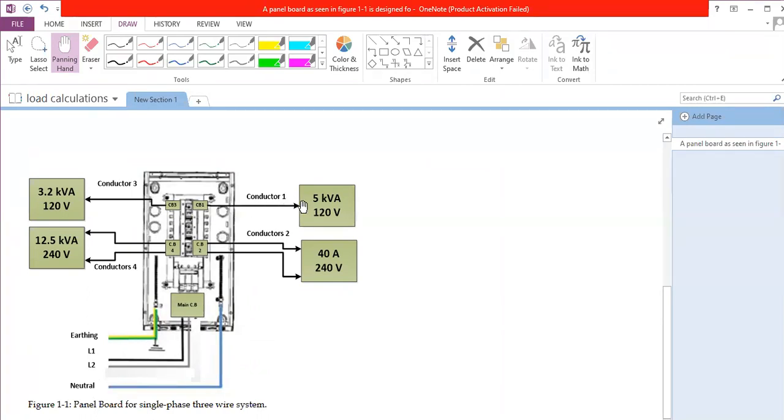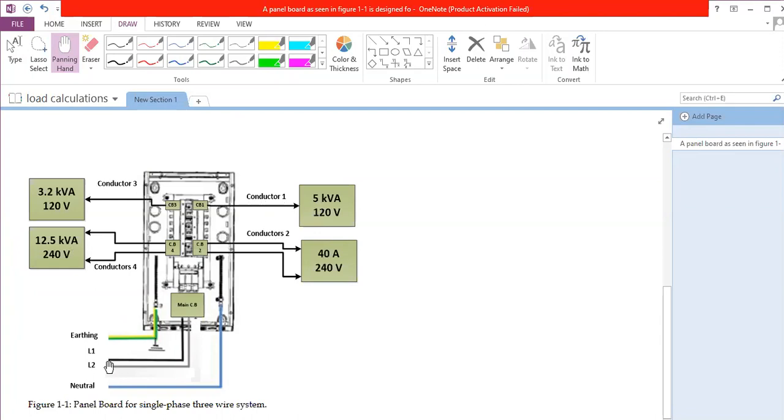So in other words, for conductor number 4, I'm talking about load number 1 and load number 3 are related to 120 volts, whereas load number 2 and load number 4 will be related to 240 volts. Why is that? Because here we have 1 live and here we have 2 lives, and it is an old building in an old area.